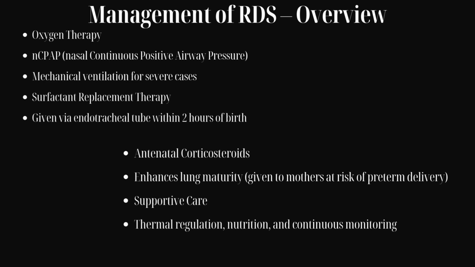And the antenatal corticosteroids: when this syndrome is suspected, antenatal steroids like betamethasone should be given to mothers at risk of preterm delivery between 24 to 30 weeks of gestation, and this enhances fetal lung maturity.